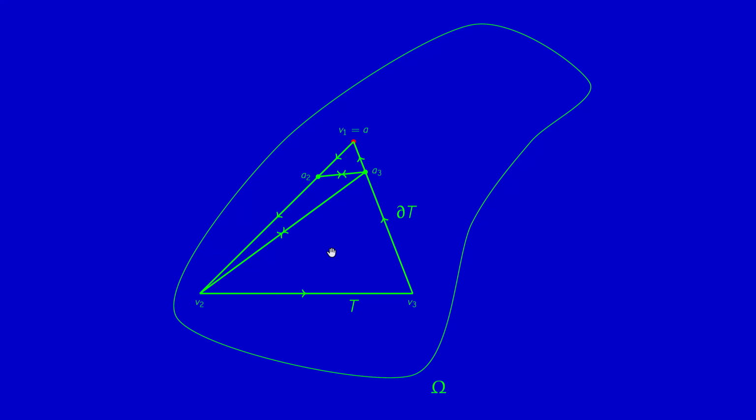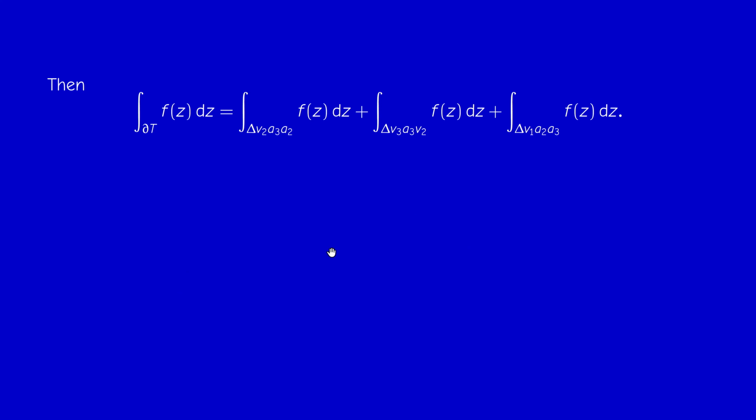Okay? And this is something that we already encountered in the proof of version 1. Okay, so the first observation is that the integral over the triangle is the sum of the integrals over the three subtriangles.